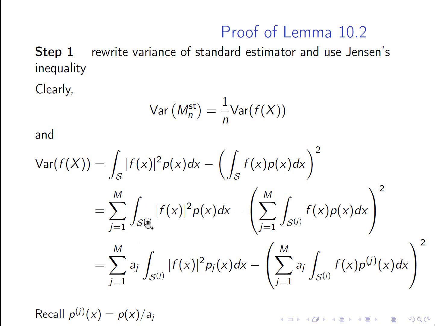So instead of writing the integral over S_j with p, we now write the integral still over S_j, but with p_j. Of course, p_j is p(x) divided by alpha_j, so we have to plug in this alpha_j to have everything still correct. We do this also for the second part: replace p by p_j and plug in the alpha_j's to have everything still correct. So it's rewriting using the conditional densities and the strata.